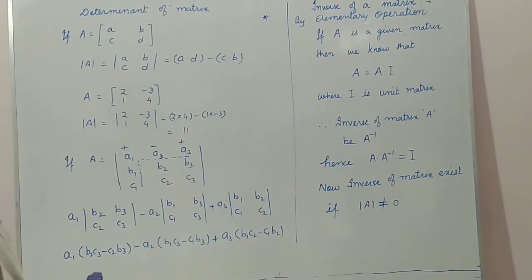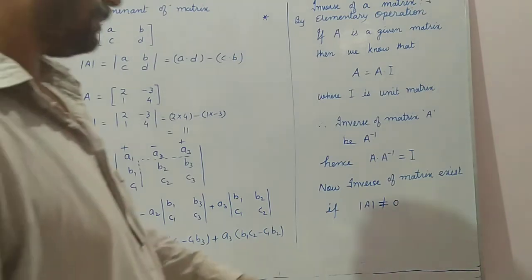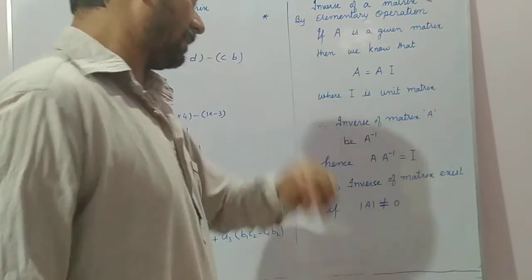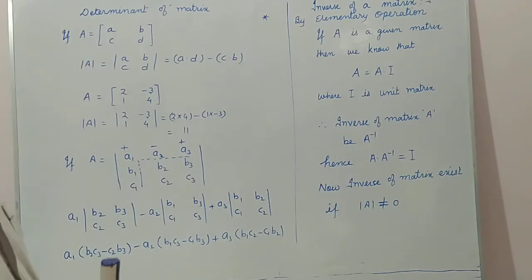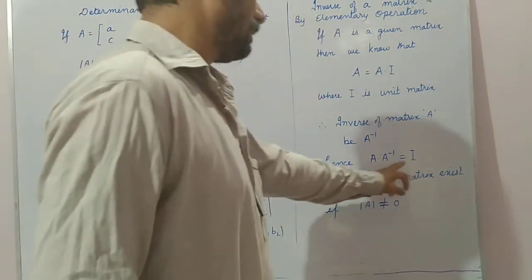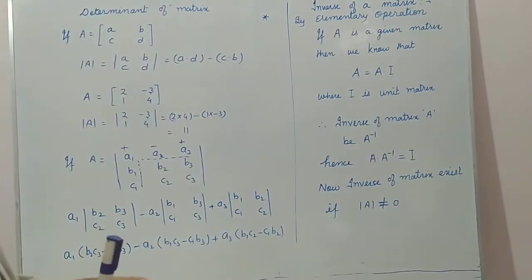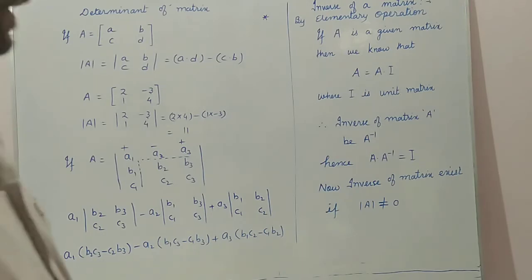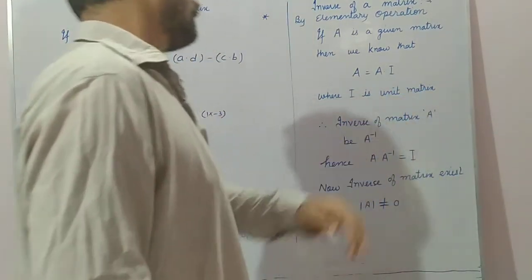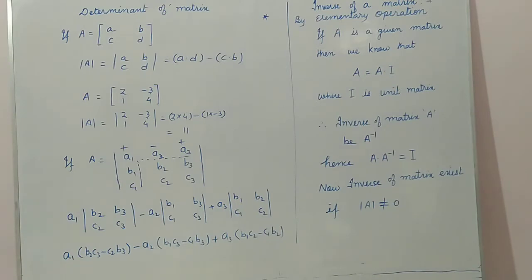Second, the inverse of a matrix, suppose A inverse, then A into A inverse gives the unit matrix. And third, the inverse of a matrix can only be determined if the determinant of the matrix is not equal to 0.